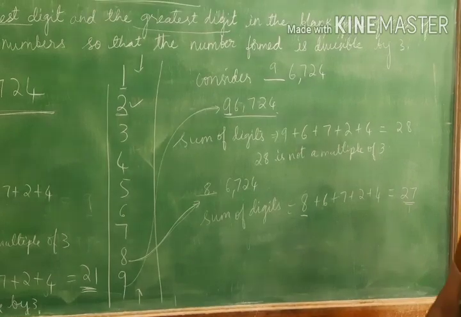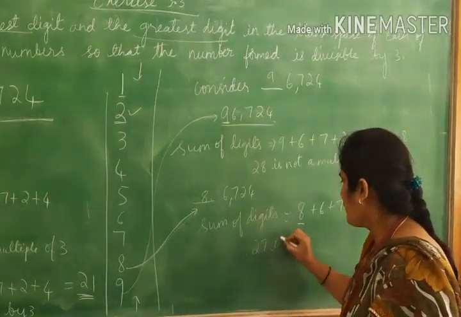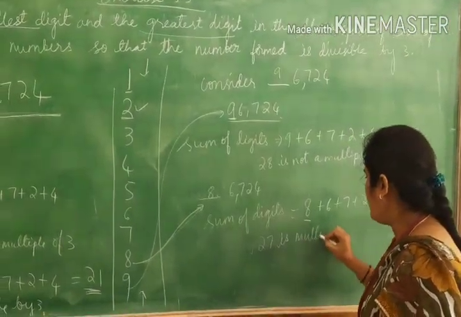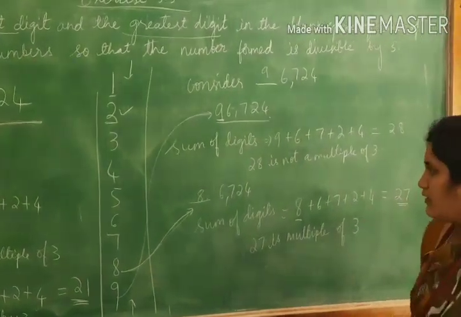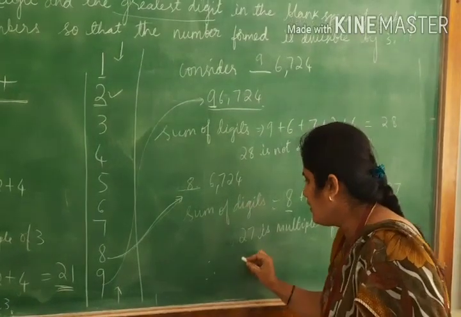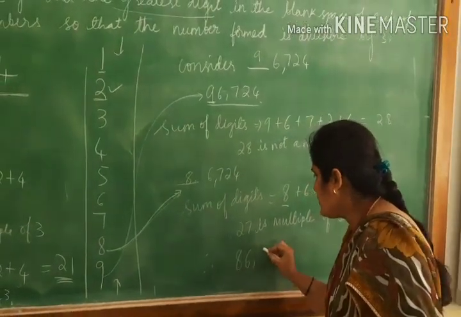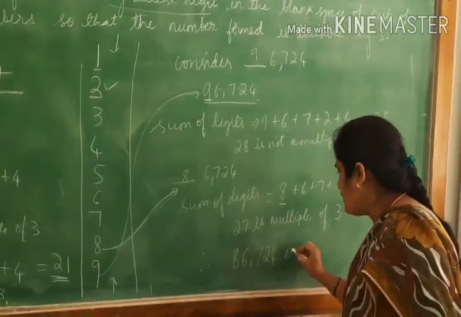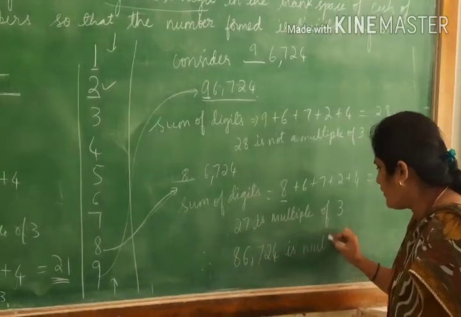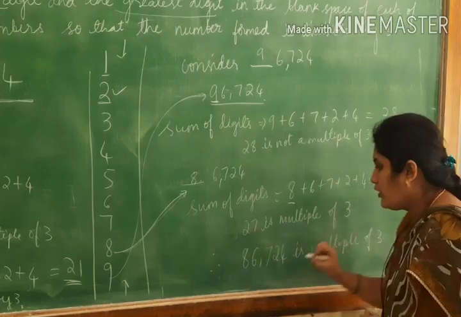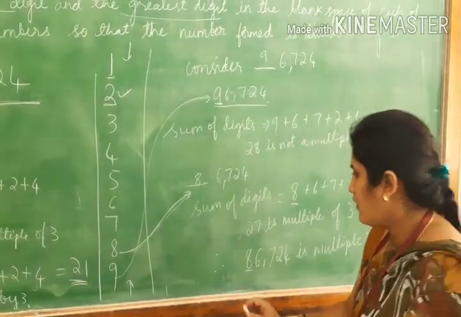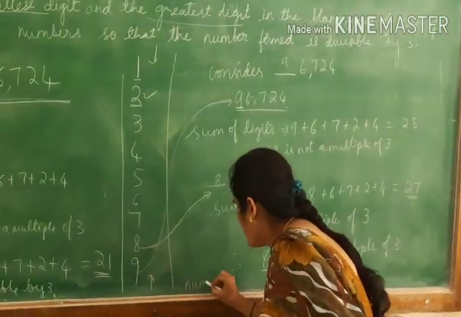Of course, 27 is a multiple of 3. Then you can say that therefore the number 86,724 is a multiple of 3. Now what are the numbers which are formed?